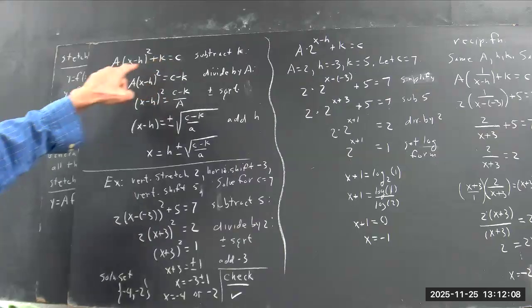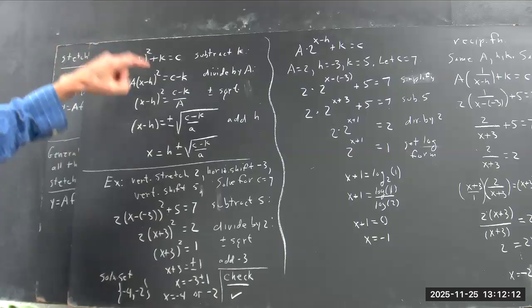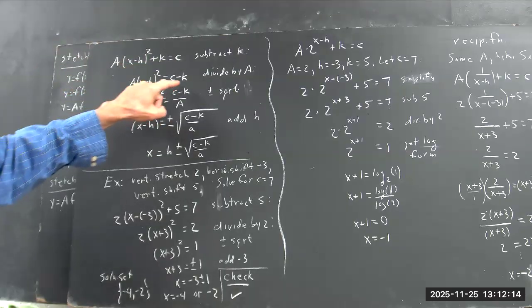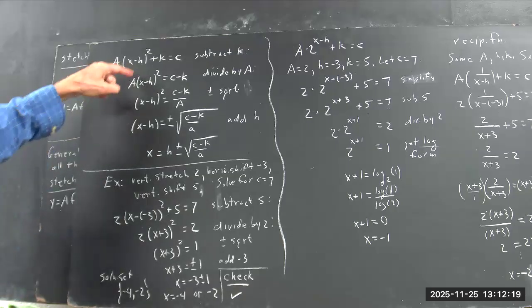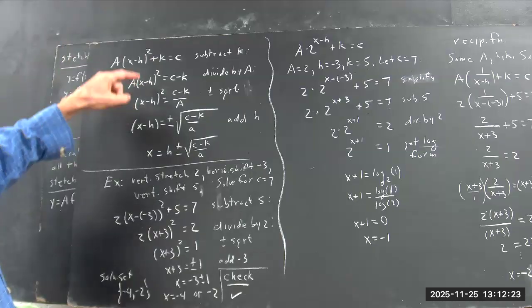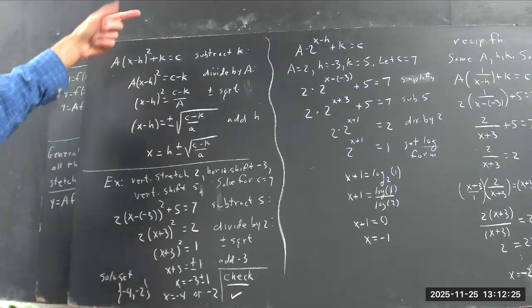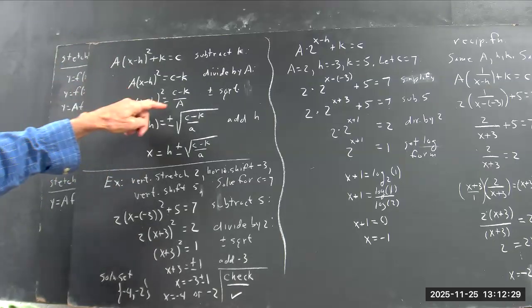How do you solve that? You're trying to get x. You've got a plus k on the same side as your x stuff, so you're going to subtract k from both sides, right? Then you've got an a times an x minus h squared. Some people want to add an h, but you can't do that because the x minus h is squared. It's not just an x minus h. You divide by a.